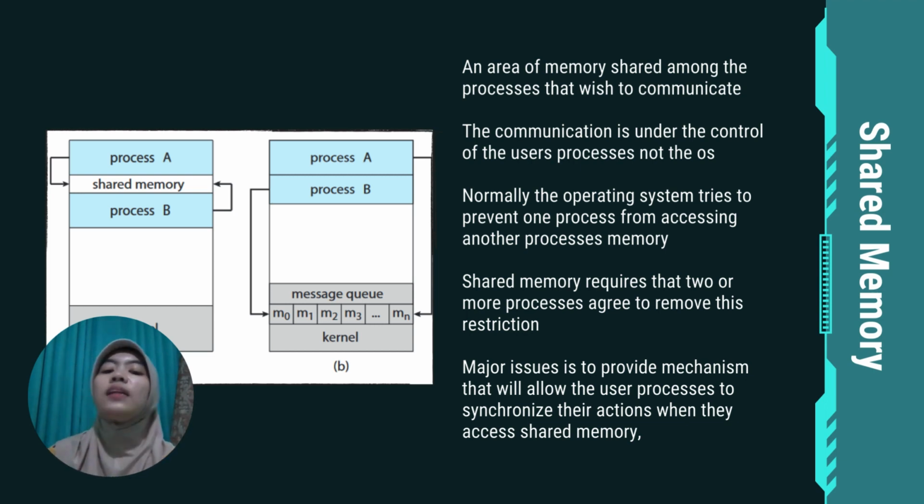By carefully managing access and synchronization, process can effectively exchange data and collaborate without direct intervention from the operating system kernel. So stay tuned for more insight and discussion of synchronization technique and shared memory communication in the future lecture.